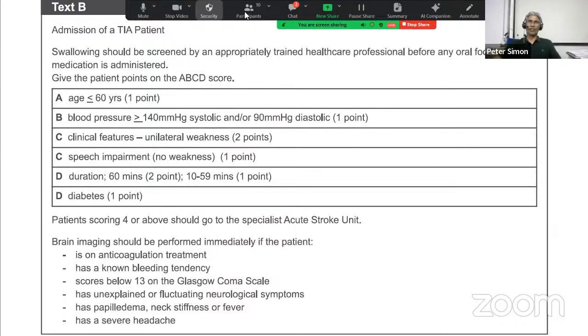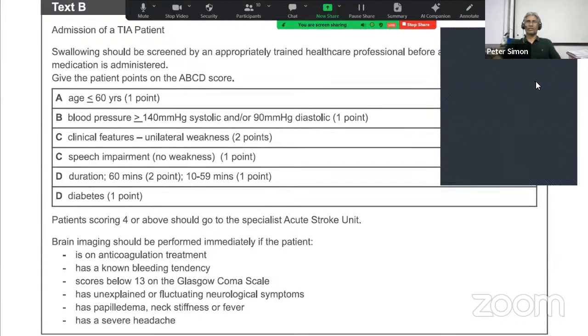Okay. So Avil says yes. Okay, Avil, which line?